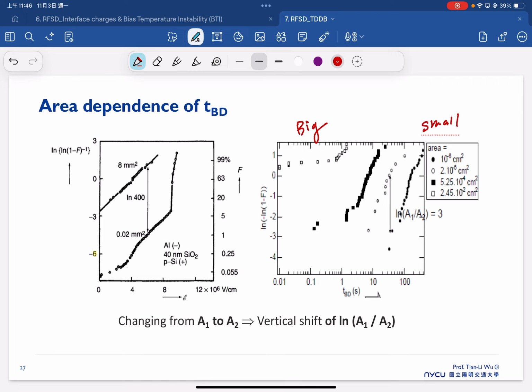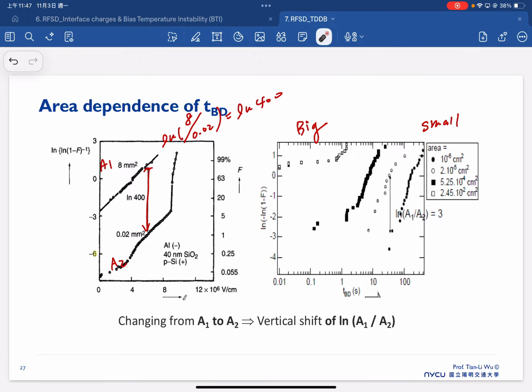For example, if we have A1, one big area, as A millimeter square, and A2 here as 0.02 millimeter square, you can shift this one. That will be natural log of A over 0.02, which will be natural log 400 here. So this is the small area, and this one is coming from the big area shifting here.